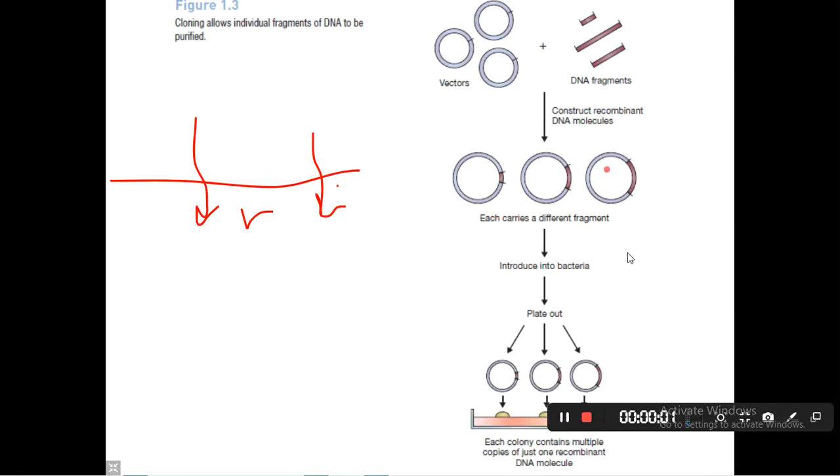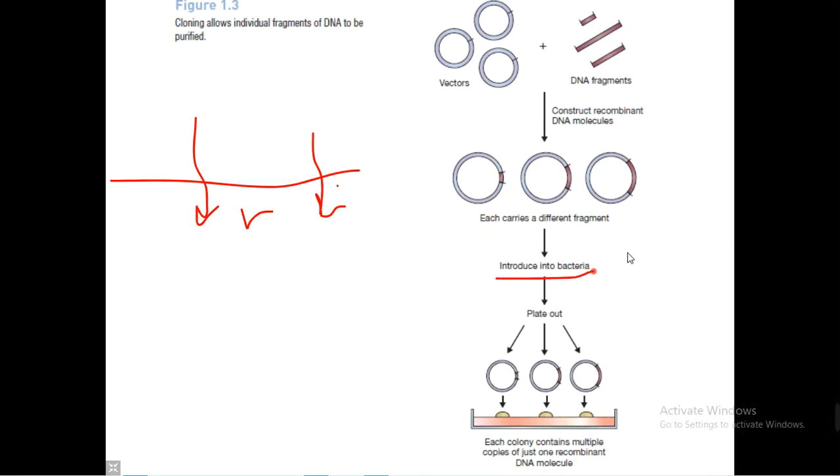Procedures, each carries a different fragment. After that, I told you we introduce it into bacteria, a host.